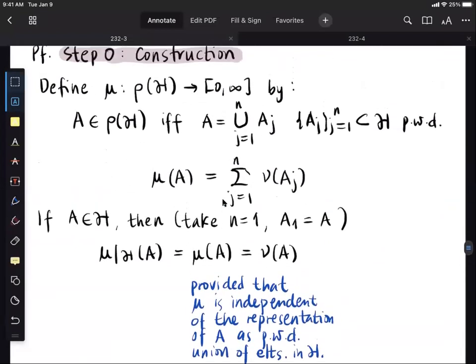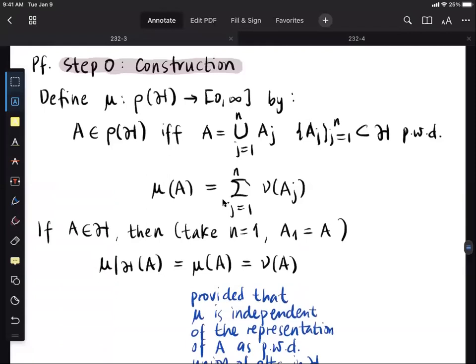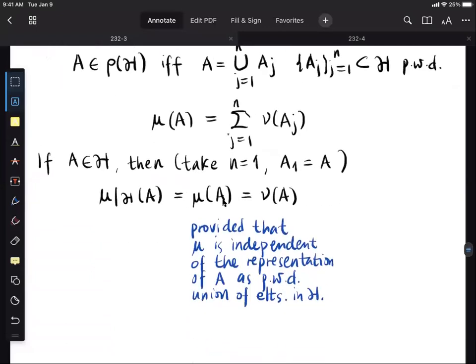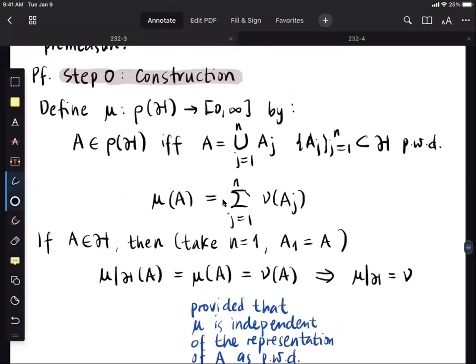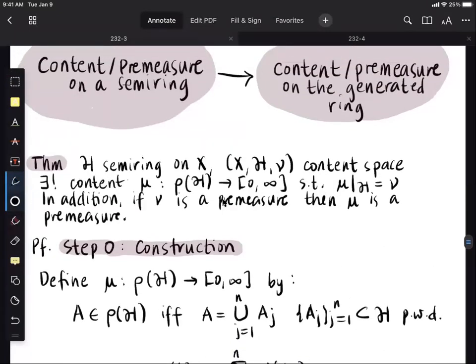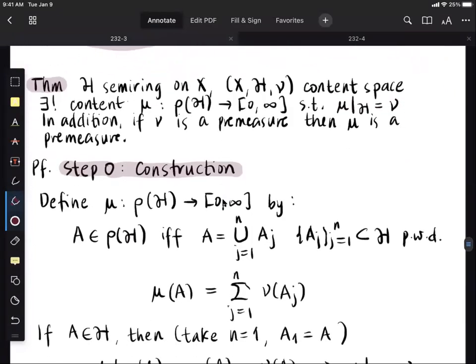Okay, and what do we mean by that? If we could write A as another union of pairwise disjoint elements in the semi-ring, I should have the same value. Now, provided that this independence has been shown, then this implies that the restriction of mu on H is nu. This is the property that we would like to have, particularly this one here.